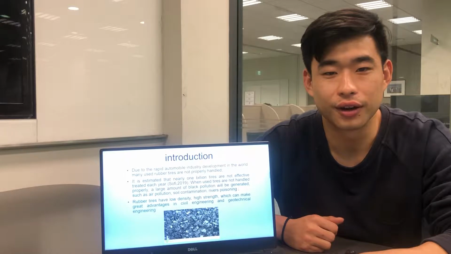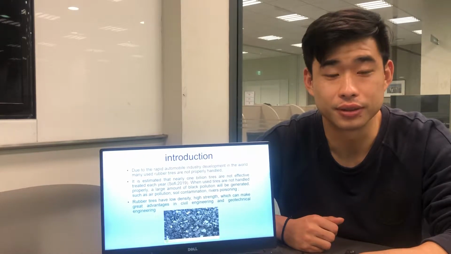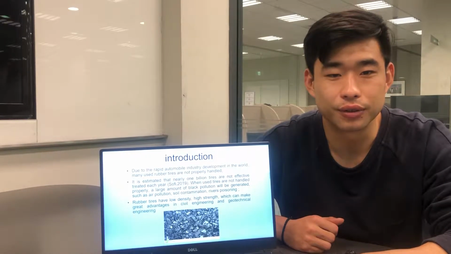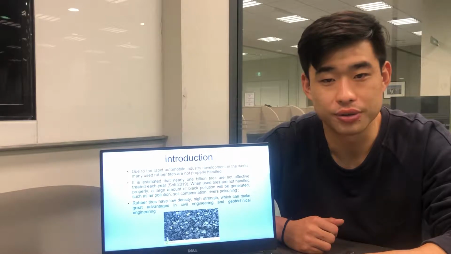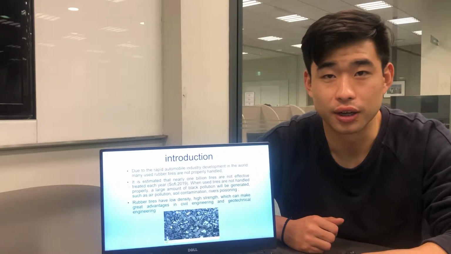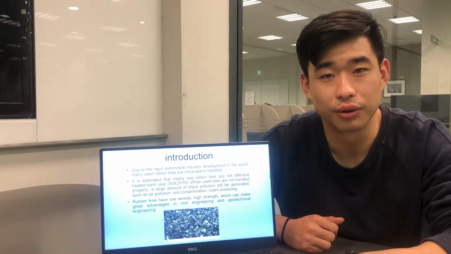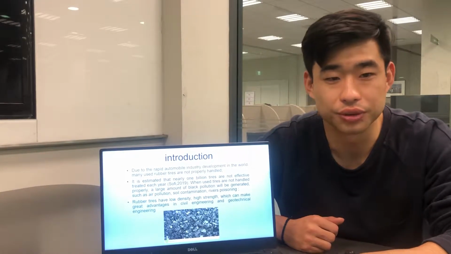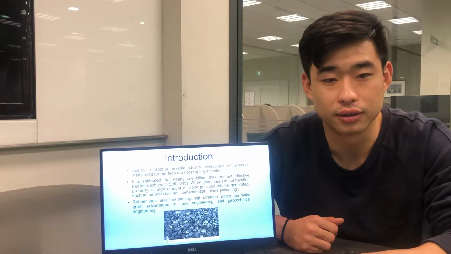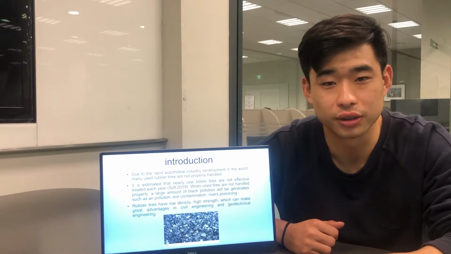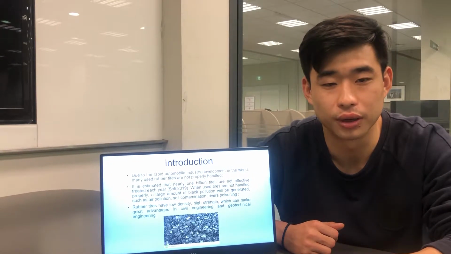When you use tires or discard them, a lot of environmental pollution will be generated, such as air pollution, soil contamination, water pollution. Rubber tire has a no distance health strength, which can make a great advance in civil engineering and technology and energy.